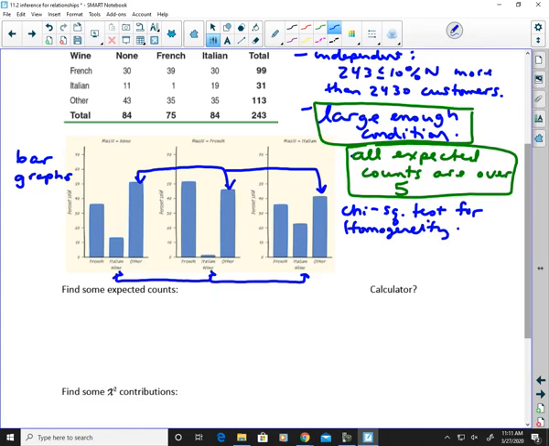Therefore, let's write our null and our alternative hypothesis, and we're going to learn how to use the calculator for this. Given it's a test for homogeneity, I would say there is no difference in wine type purchased for the various music.